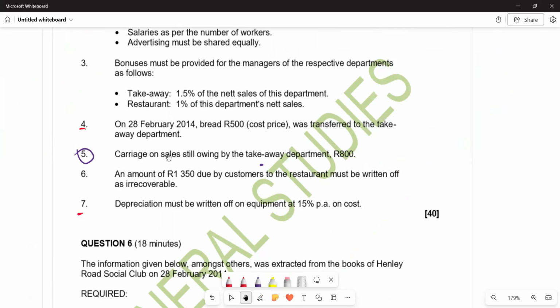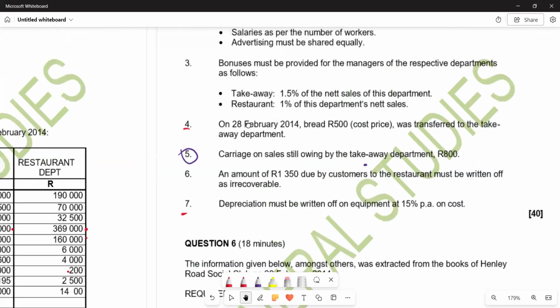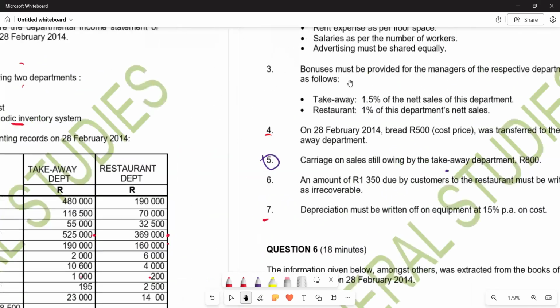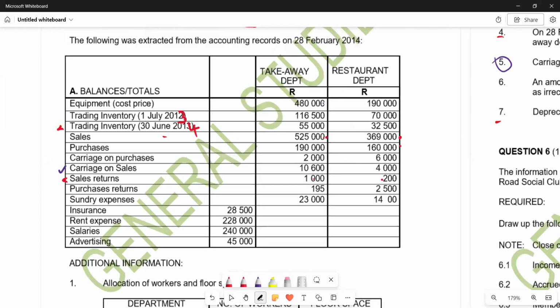We have carriage on sales here, which is 10,600 takeaway. And then the restaurant is 4,000. So for the takeaway, we're going to say 10,600 plus the 800 that we're having in the additional information. So we come here.